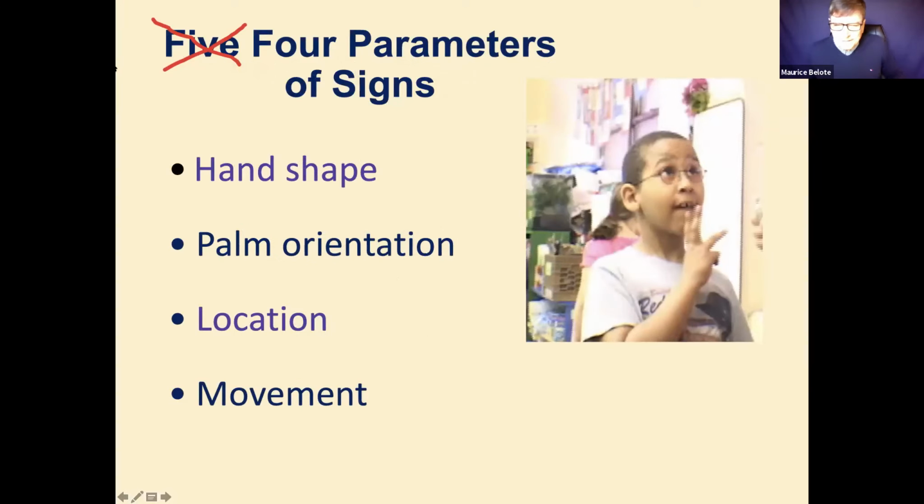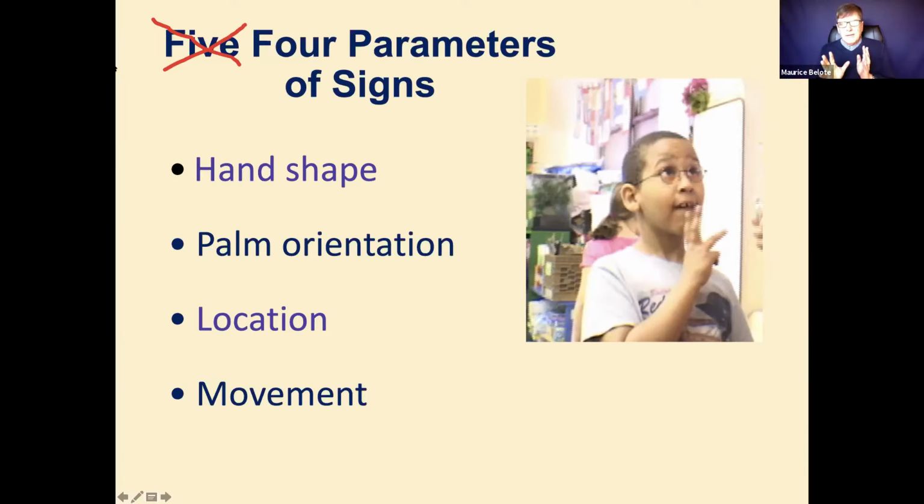Okay, before we talk about specific motor issues, I want to remind everybody that when we use signed communication, and I'm going to say signed communication and not sign language, because the signs that you're using may be part of a language, either English or American Sign Language or Spanish or something else.